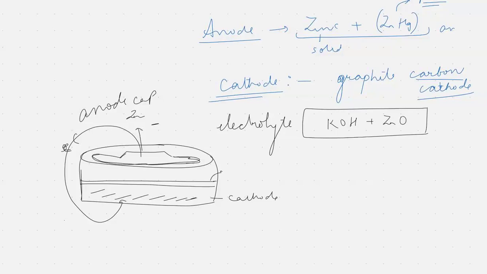The separator is there. On either side of the separator, we are going to have Zn, O, and KOH. So we have a lot of OH negative ions in the electrolyte. Understood my point or not? Yes, ma'am.